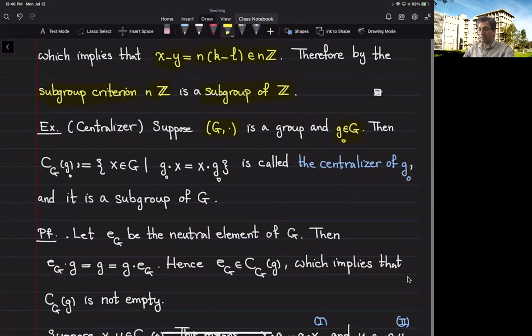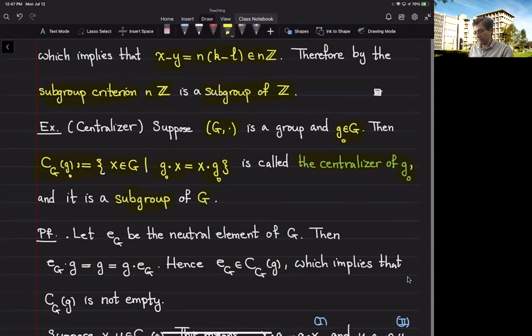I'm fixing this element, and I'm asking myself, what elements of the group G commute with g naught? That means g naught dot x is the same as x dot g naught. I'm allowed to flip the order of multiplication. What are those elements? I put them all in a set. I call that set the centralizer of g naught. So the centralizer of g naught consists of all the elements that commute with g naught. The claim is that this is a subgroup of G.